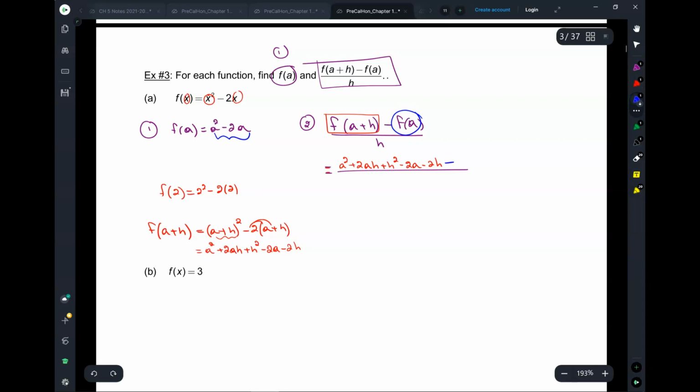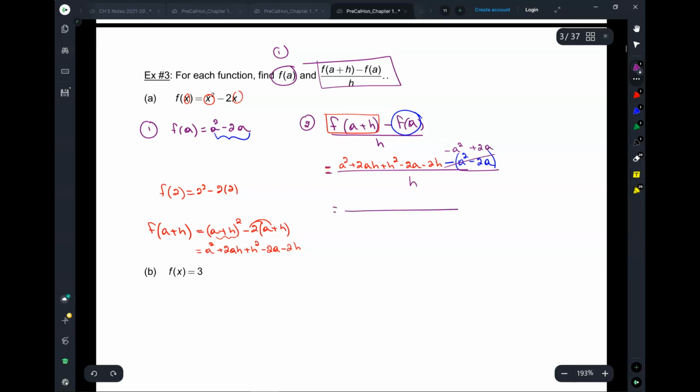F of a was a squared minus 2a, all over h. Oh, sorry, parentheses. Okay, so now I need to simplify this. You distribute this, but I don't want to make you write the whole thing over again. So that's just going to be negative a squared plus 2a.